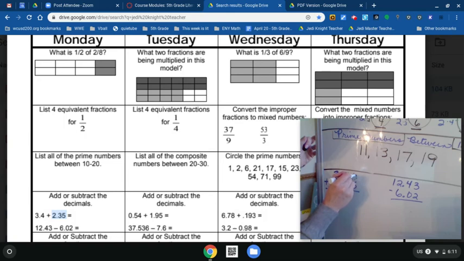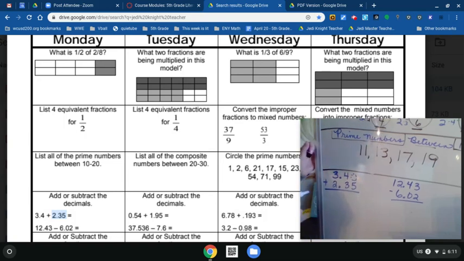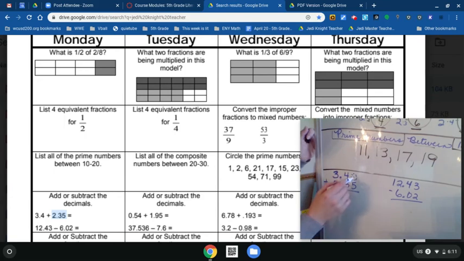That won't change the number at all. So it's 3 and 40 hundredths, or 3 and 4 tenths, adding 2 and 35 hundredths. So 0 plus 5 is 5. 4 plus 3 is 7. Bring down your decimal. And the whole numbers are 3 plus 2 is 5. So you get 5 and 75 hundredths.